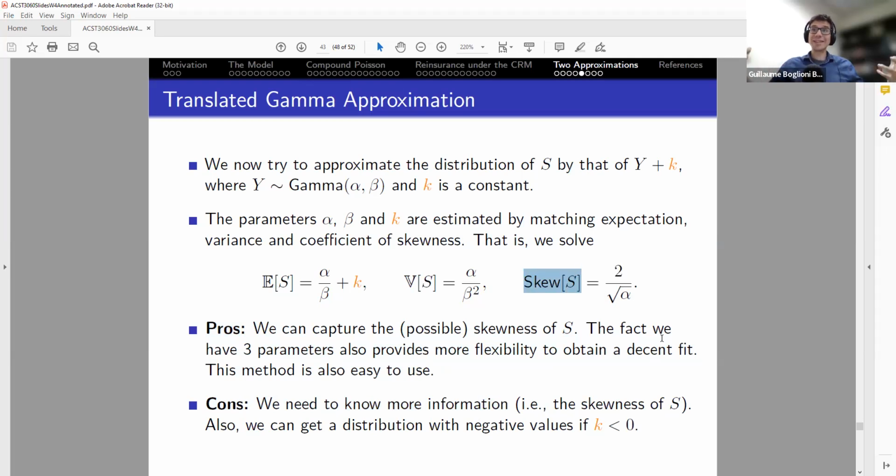We have found it in the specific case of a compound Poisson. And lastly, when you do the fitting, it's quite likely you're going to get a negative K. A negative K means that the approximation you use allows for negative values, which in reality, of course, S does not allow. So I suppose that's a drawback of the method.